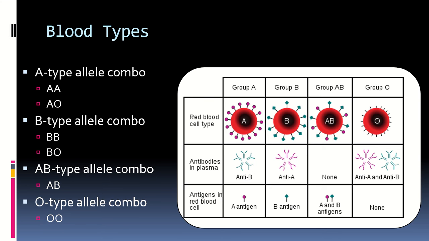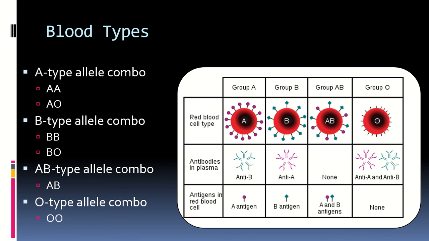Now, what does this mean? Well, let's say someone needs a blood donation, or they get a scratch and somehow accidentally get someone else's blood into their system. If someone is blood type A, that means that they have A antigens around their red blood cells.